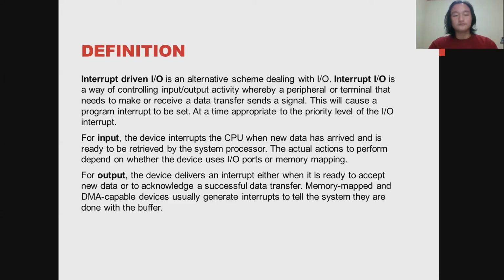For input, the device interrupts the CPU when the new data has arrived and is ready to be retrieved by the system processor. The actual actions to perform depend on whether the device uses input-output ports or memory mapping. For output, the device delivers an interrupt either when it is ready to accept new data or to acknowledge a successful data transfer. Memory-mapped and DMA-capable devices usually generate interrupts to tell the system they are done with the buffer.